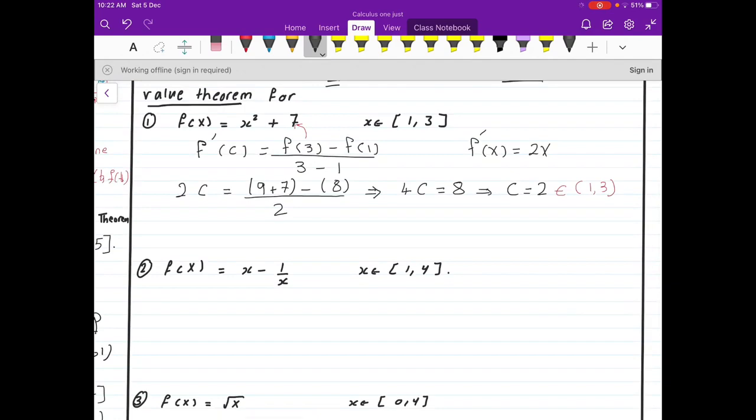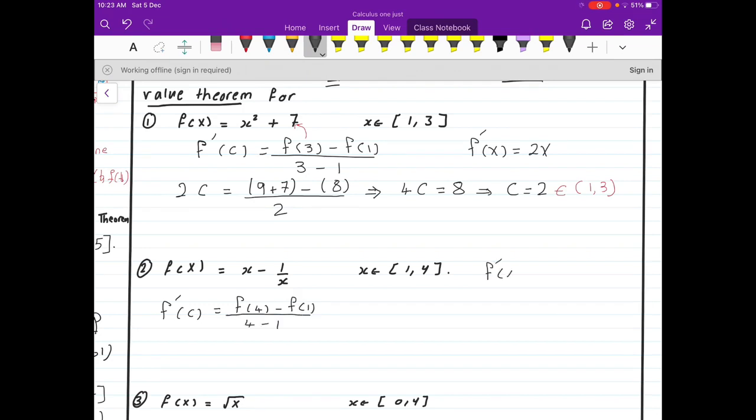Another example. f of x = x - 1 over x, obvious this function satisfy the mean value theorem. Why? Continuous on the interval 1, 4. احنا عندنا مشكلة عند الزيرو، لكن الزيرو does not included in the interval. So find c. f prime c = f of 4, هاي الكونكلوجن للمين فاليو ثيورم, minus f1 over 4 - 1.